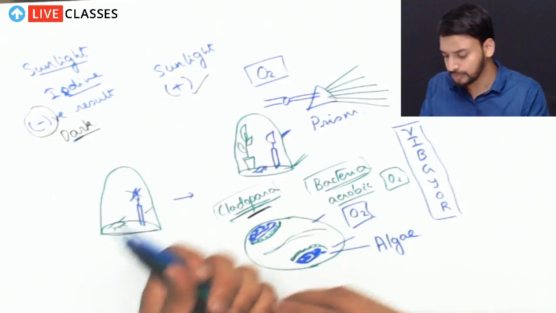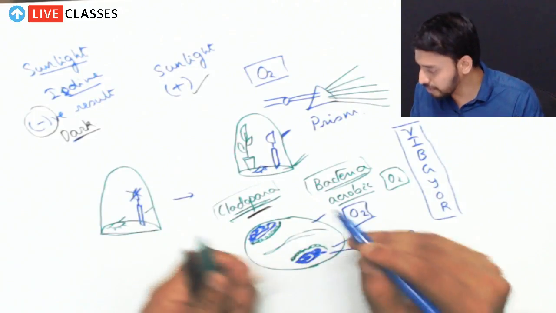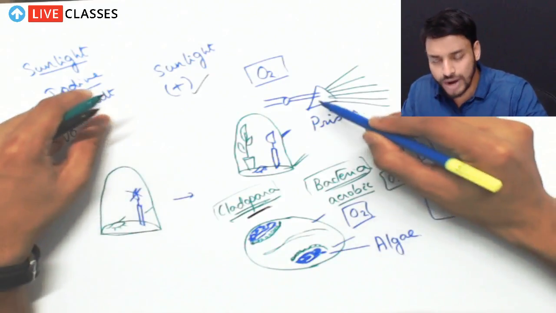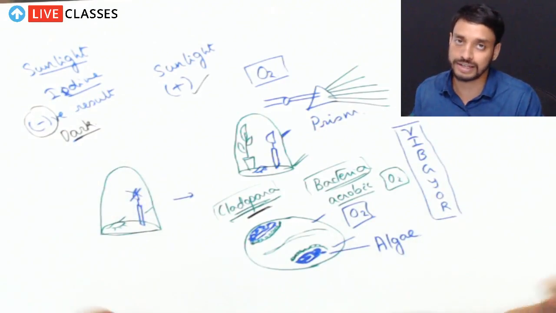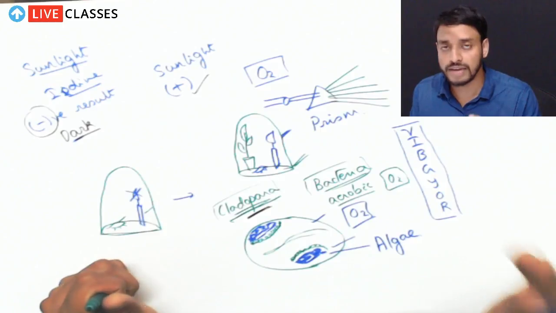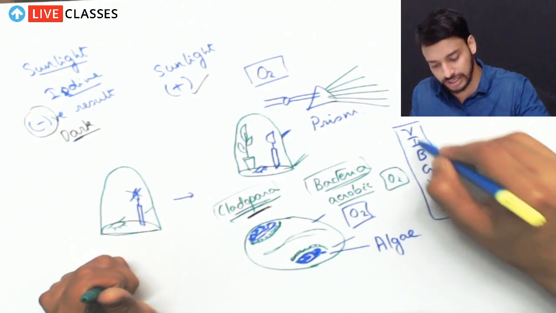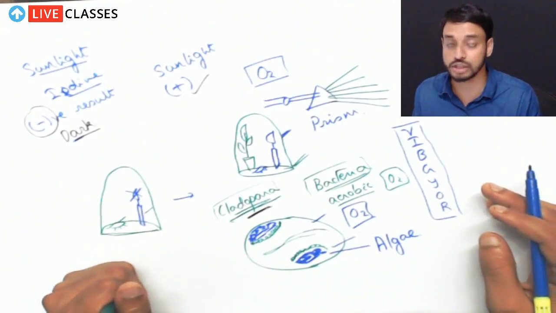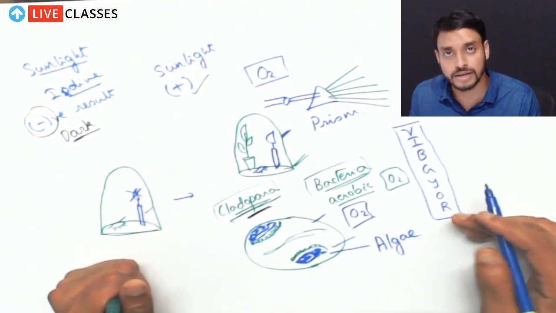You understood this? Now this experiment was done to understand, so the sunlight which we are getting is white light, right? Now, can we tell which color specifically from this VIBGYOR actually helps in the process of photosynthesis, or the preparation of food for the plants?